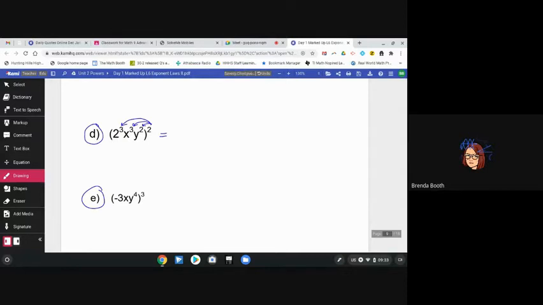So we'd start off with 2 to the 6, x to the 6, y to the 4. And then we can take it one step further. That 2 to the power of 6 can be evaluated, and we get 64 x to the 6, y to the 4. Guys, any questions on that one?